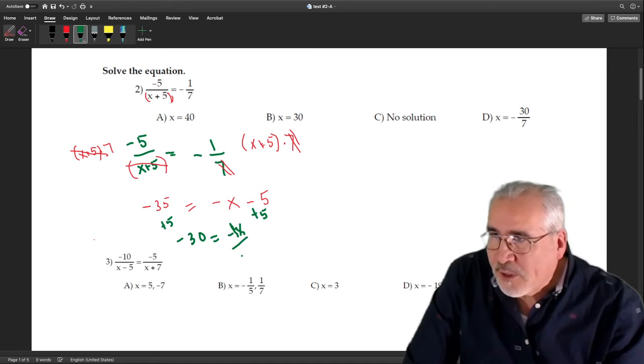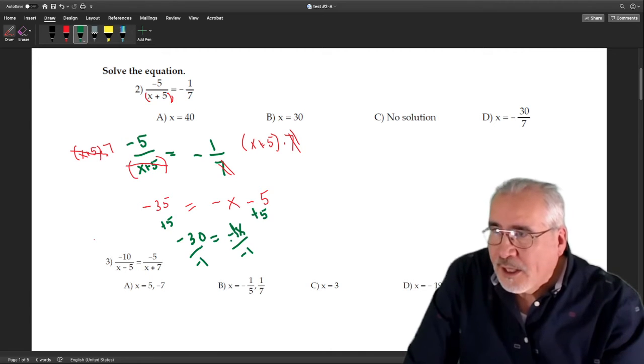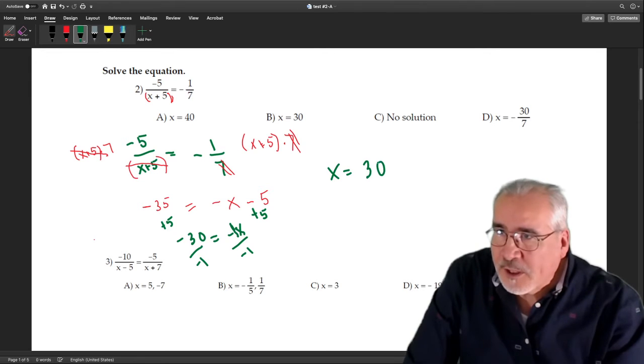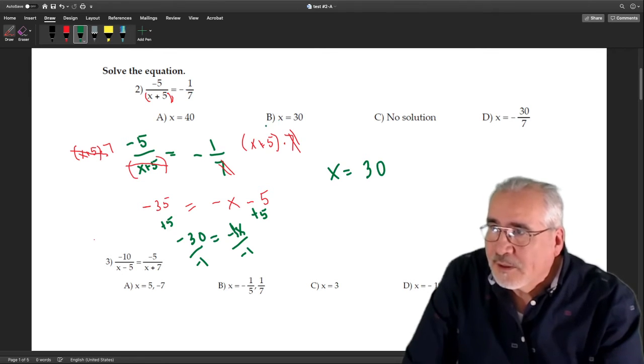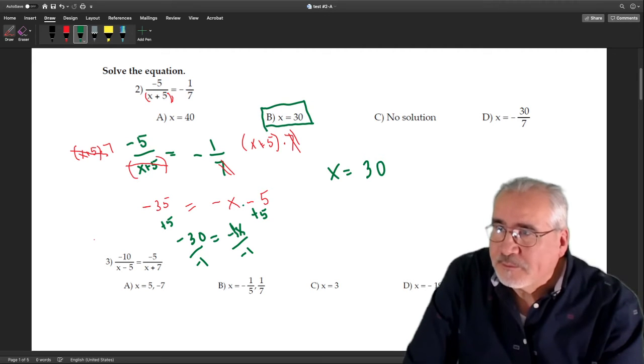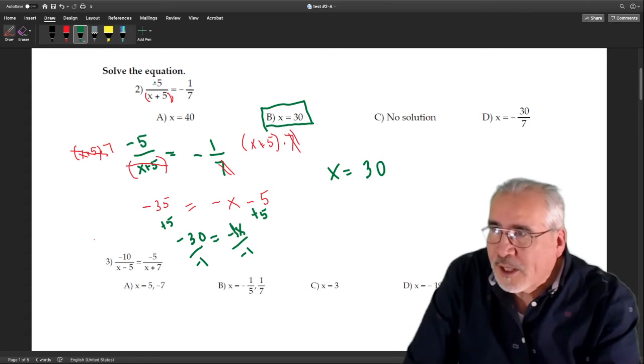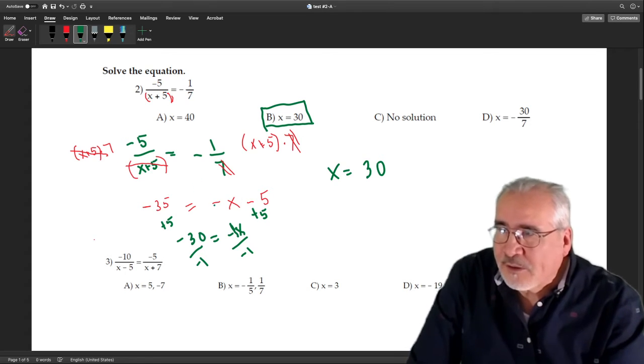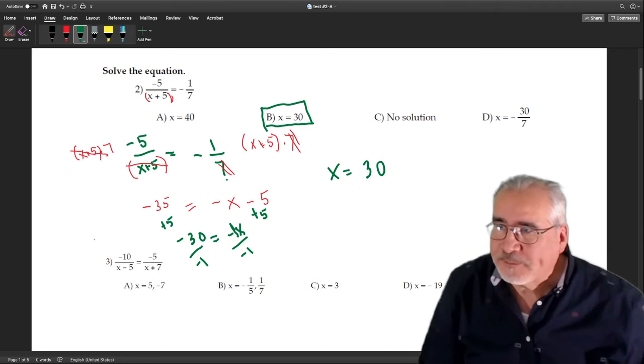So we divide both sides by -1, and our final answer is going to be x is equal to +30, which is option B. Okay, so that's one way. Again, we could have cross multiplied and got to this step the same way.